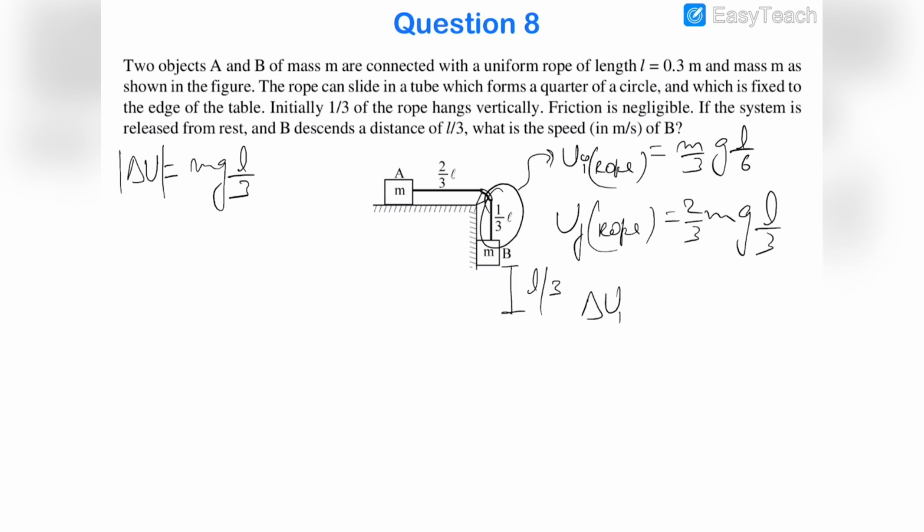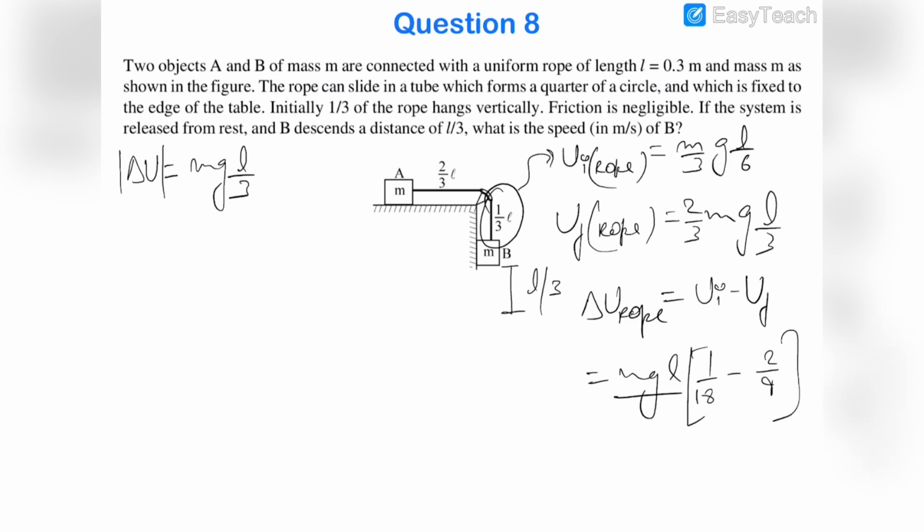So delta U of rope will be equal to U initial minus U final. So this is mgL common, 1 by 18 minus 2 by 9. So this is negative of mgL by 6, and if we find out the magnitude of delta U, then it would be mgL by 6.